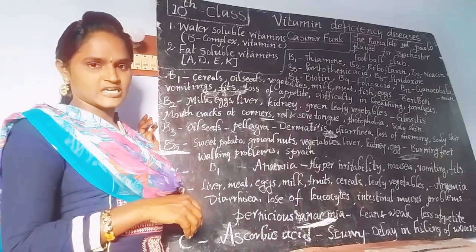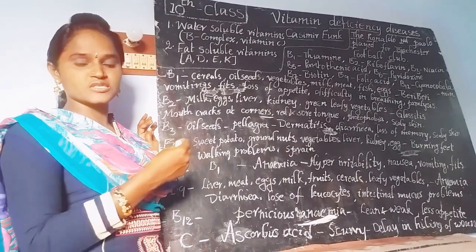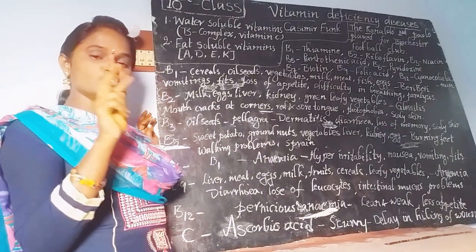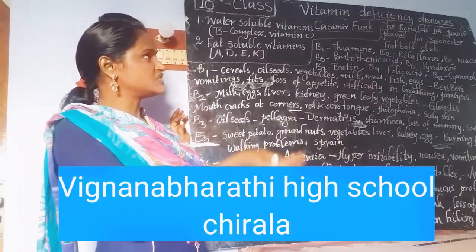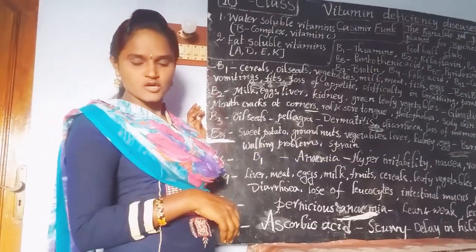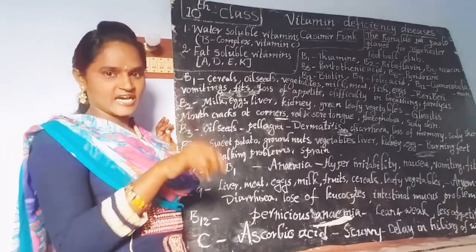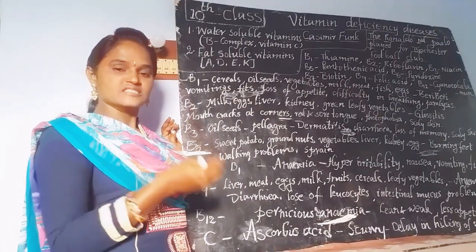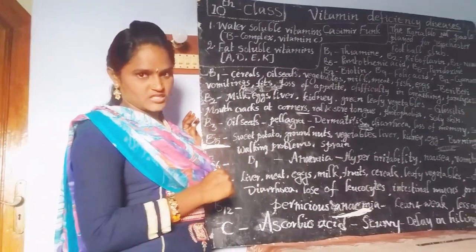They are capable of producing or synthesizing vitamins. In this way, we take vitamins into our body in two forms: one is through diet, another is synthesis by bacteria in our body.